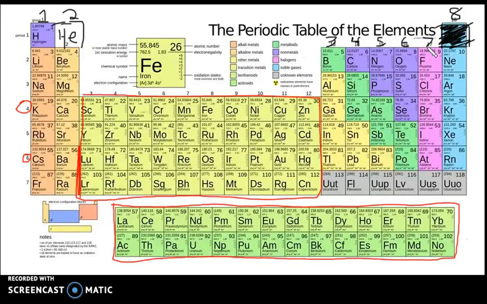So when we're looking for valence electrons, if I asked how many are in carbon, you would see it's in the column with 4, so you'd say carbon has 4. If I asked how many valence electrons ununoctium has, which is way down here, you would say it's in the column that has 8, so it must have 8 valence electrons. So it's very simple to find those.